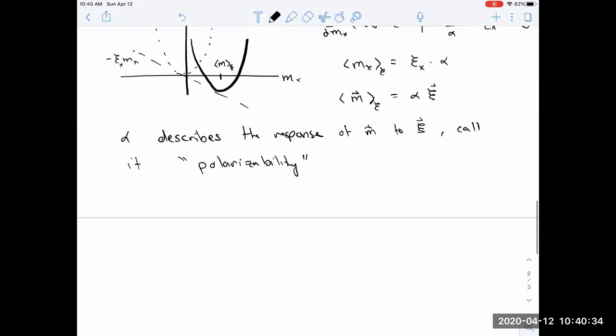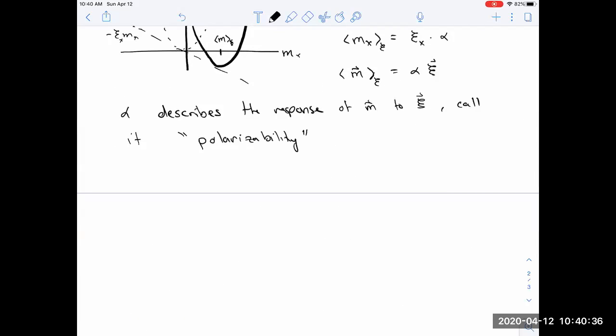So what we've just stumbled upon is that alpha is both the response of a field, of the dipole to a field, and determines the scale of fluctuations. Let's do this for the vector quantities.